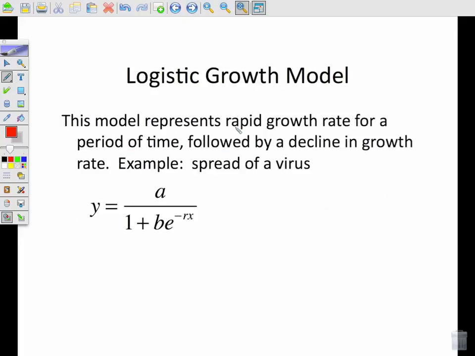We also have what's called a logistic growth model, and this model represents a rapid growth rate for a period of time, and then it's followed by a little bit slower growth rate. An example would be the spread of a virus. So, if you think about when a virus breaks out, it's going to increase pretty rapidly at first, and then it starts to taper off. This is what your graph would look like.